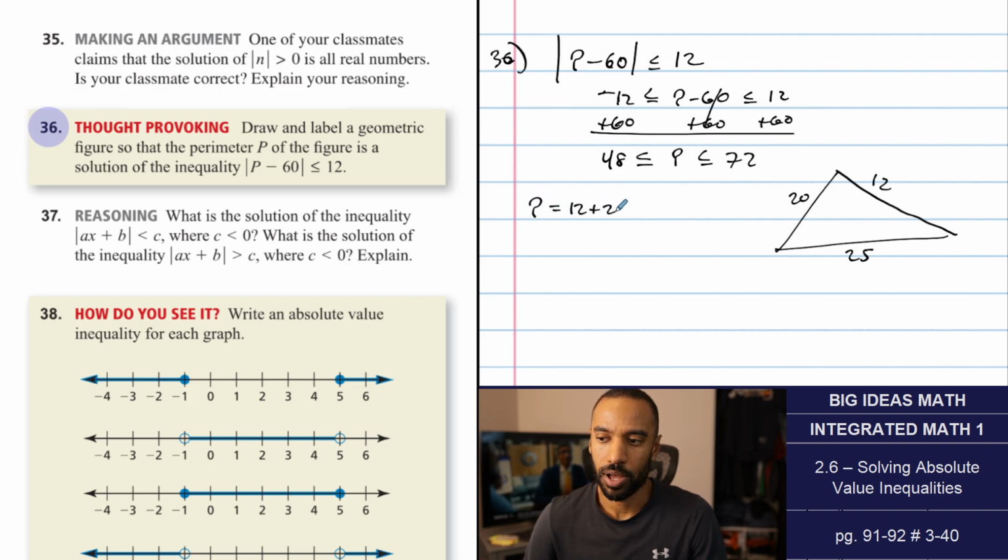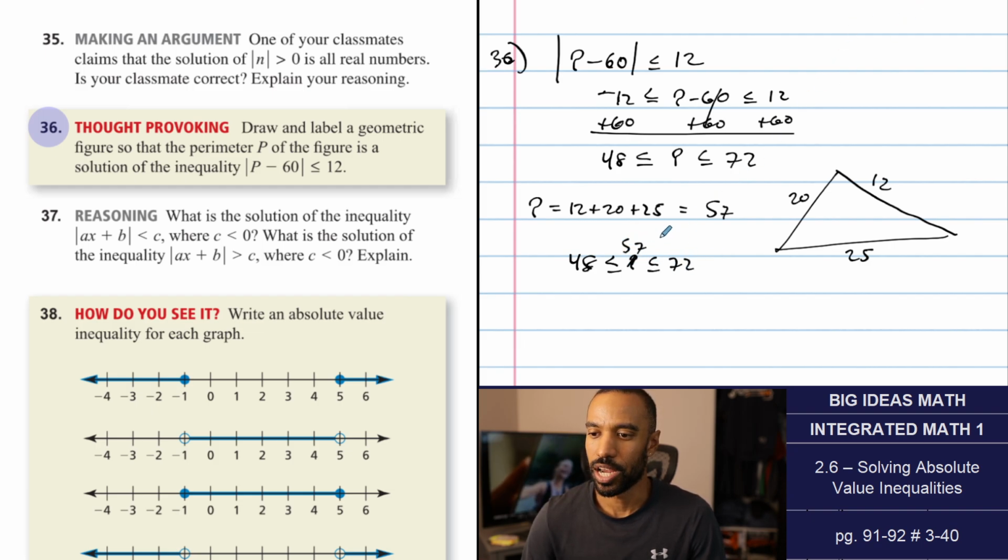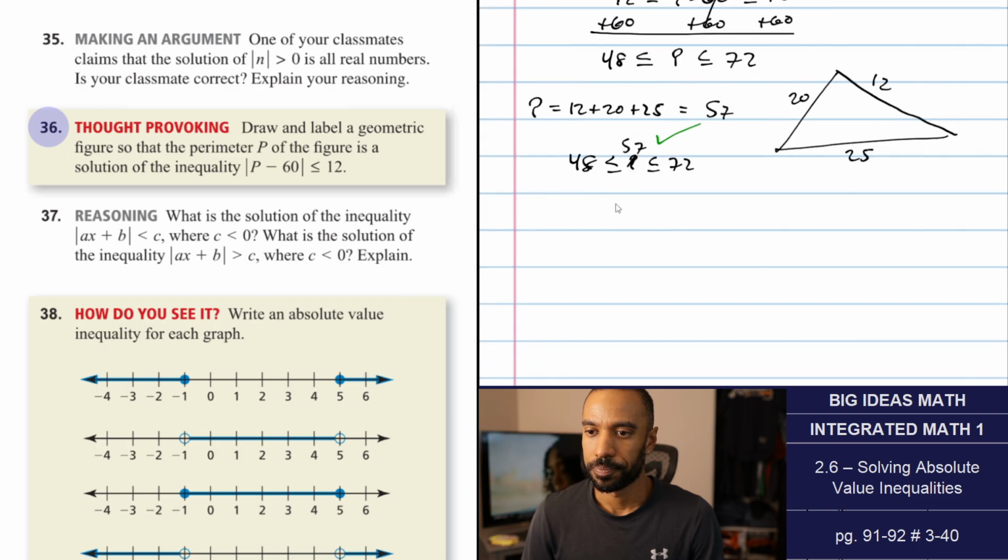Perimeter 12 plus 20 plus 25 is 57, and 57 is between 48 and 72, which is what was needed. That is a check. Okay, it was open-ended. That's what I came up with. All right, number 37. That was a 36, by the way.